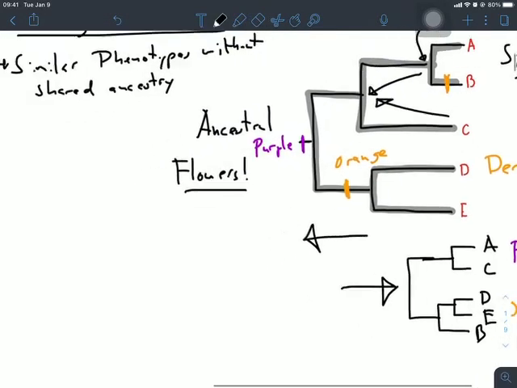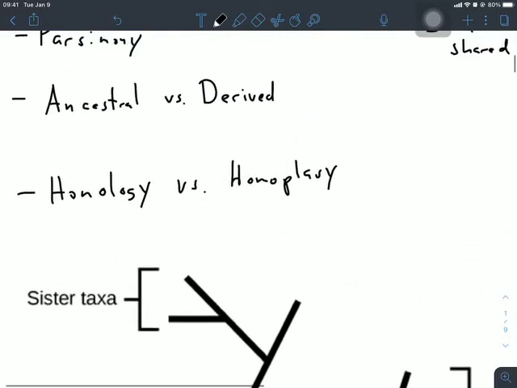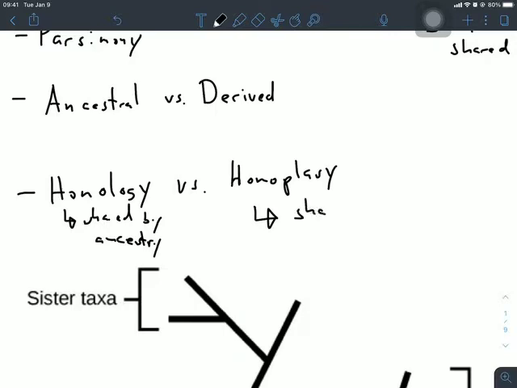And so homologous traits would be ones that are shared by ancestry, and homoplasious traits, or a homoplasy, is a trait that's shared by current appearance.